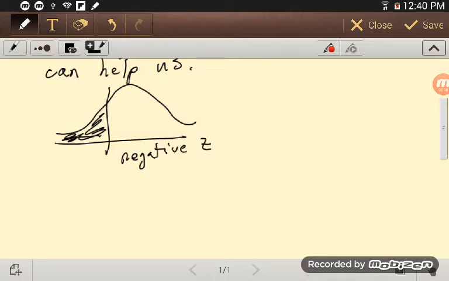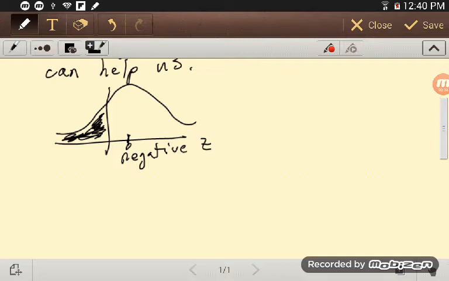What this picture is doing is telling you what the table gives you. The table gives you this area to the left of that line, or whatever our value of Z is. So what I know is that the middle is at 0, and then these are some numbers of standard deviations.